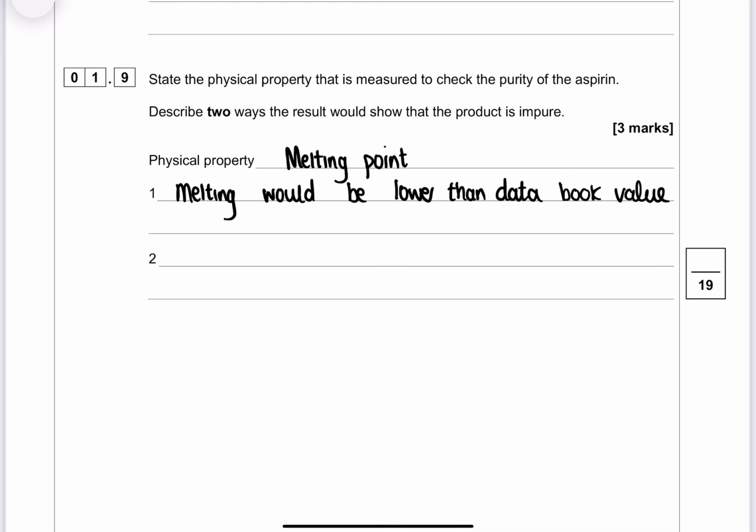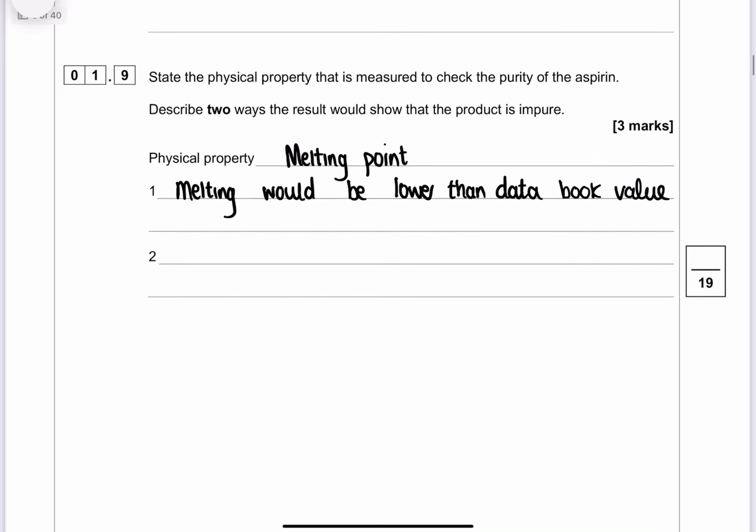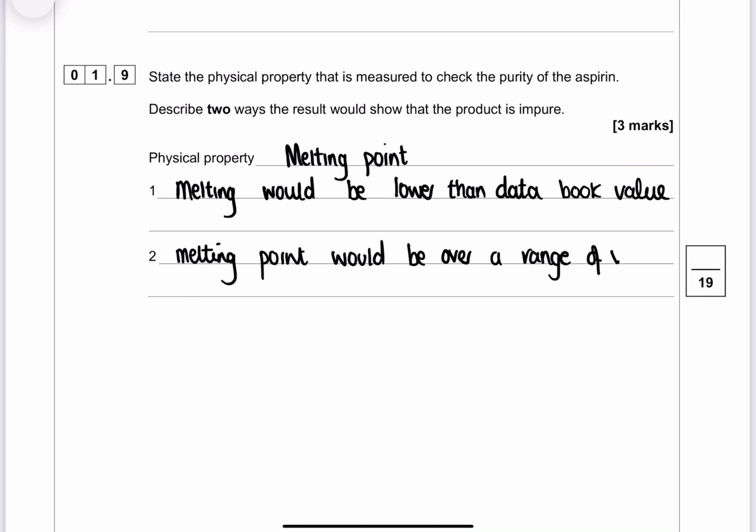And the sample would melt over a range of temperatures rather than a very specific temperature. So over a range rather than sharply at the data book value.